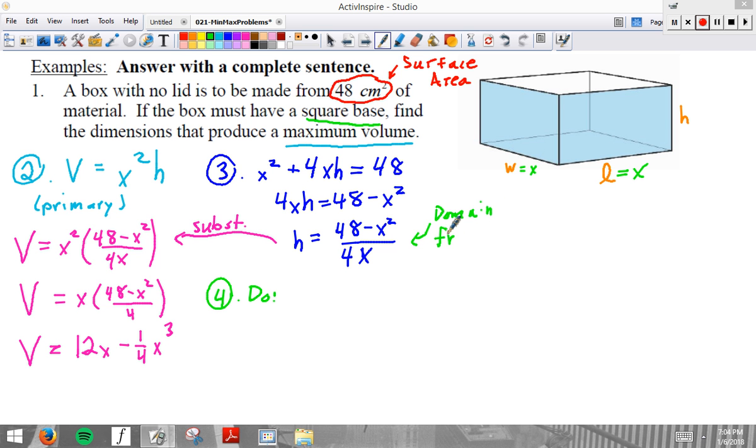The domain comes from how we got rid of one of our variables. So when I'm asking what is the largest x could be and what is the smallest x could be, I have to consider it through this lens. Because again, looking here, it's not clear we have a largest or smallest value.